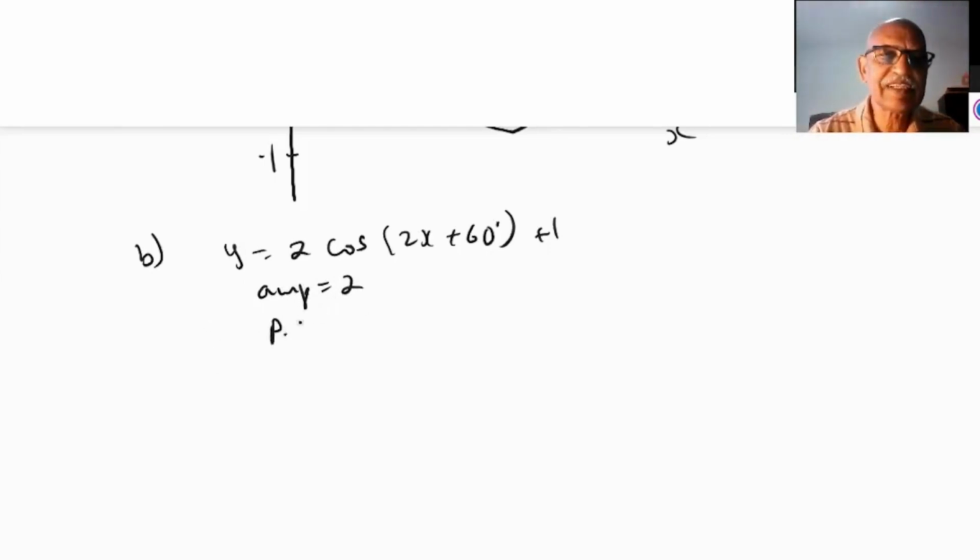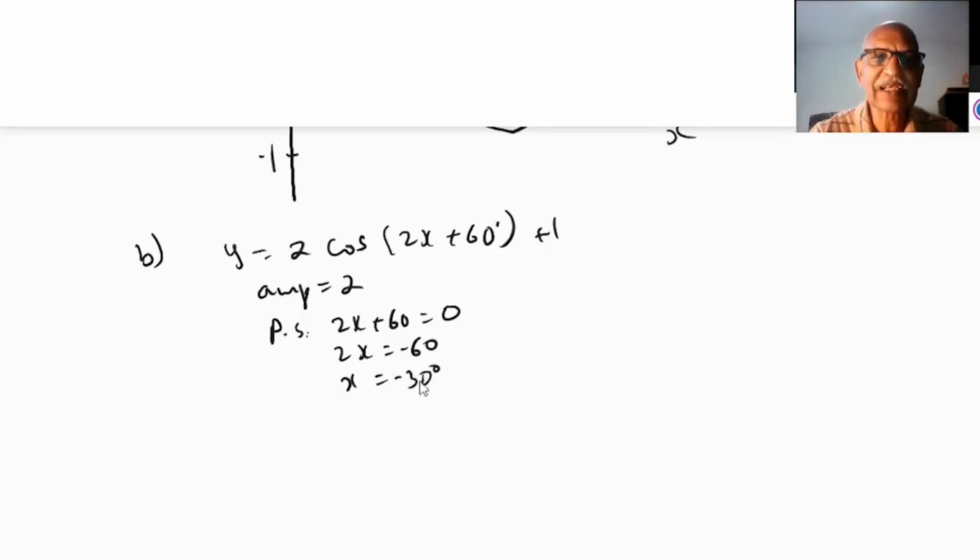Phase shift is whatever makes the bracket equal to 0. So 2x equals negative 60, x equals negative 30 degrees, which means 30 degrees to the left because it's negative.